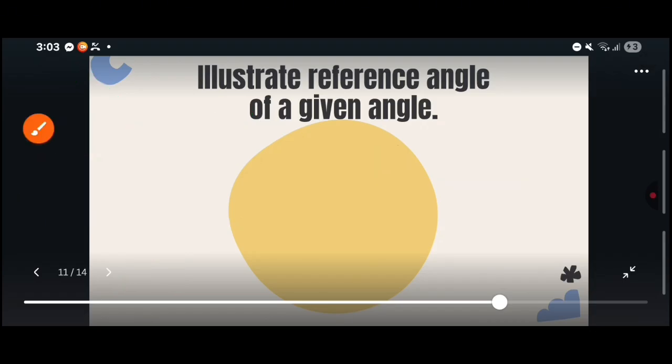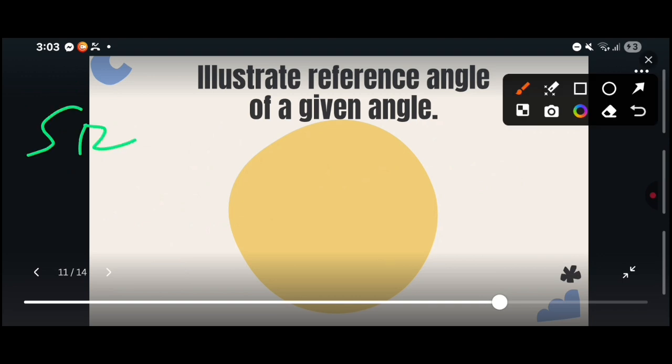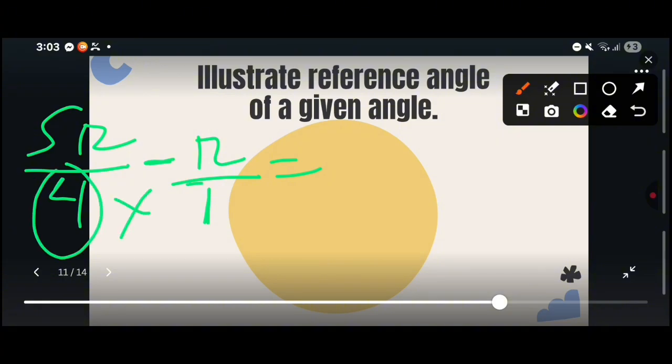So, let's try it. 5 pi over 4 minus pi. For pi to become a fraction, let's put 1 as its denominator. Then, they have different denominators again, so let's multiply again. 4 times 1 is equal to 4.